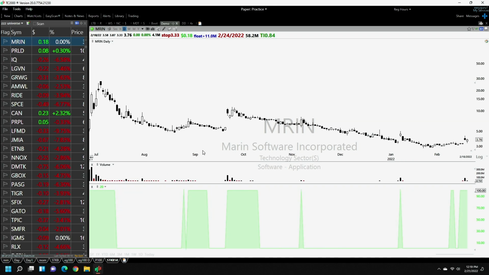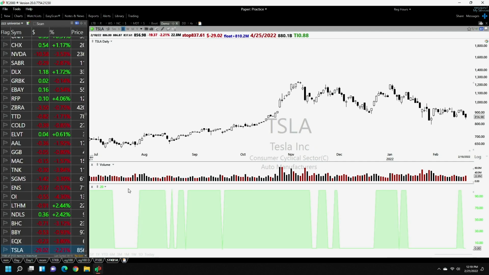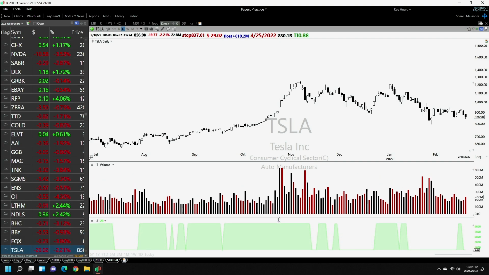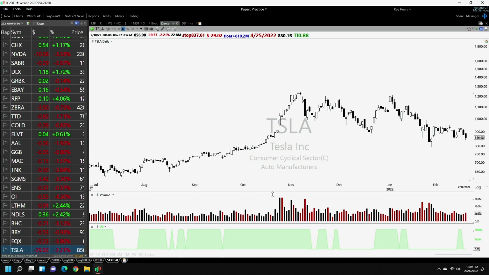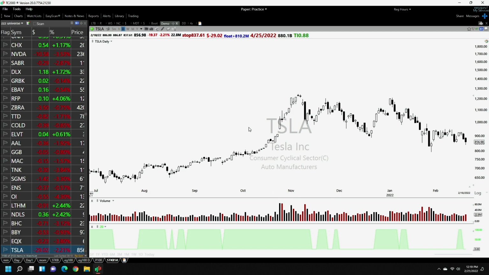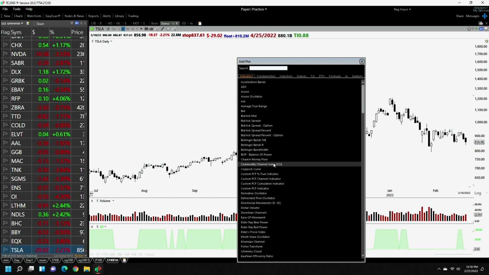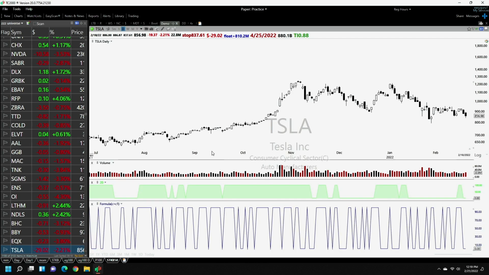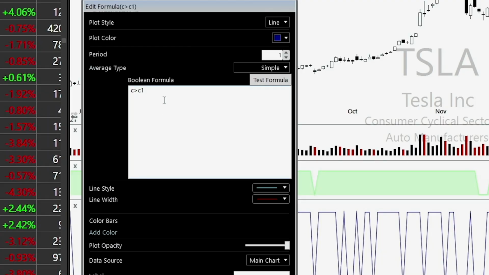So now you want to find for the same stock the other side, which is the bearish side of this equation, and we don't need this panel to be so big, so you can reduce this panel to a more manageable level. Now again go add plot, custom PCF plus true indicator. By default it will be C by C1.